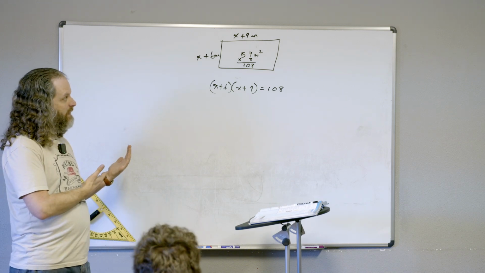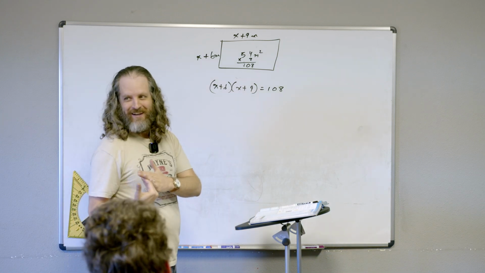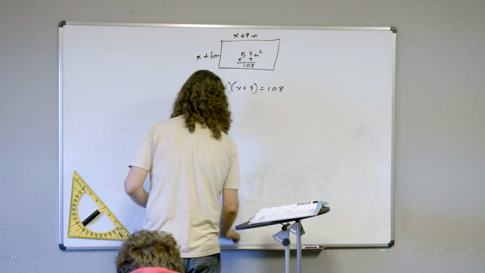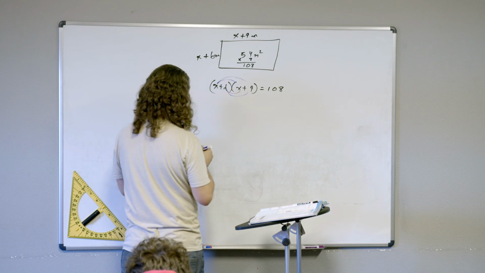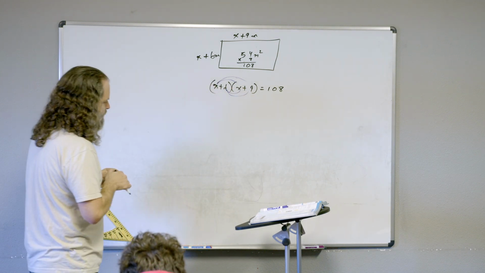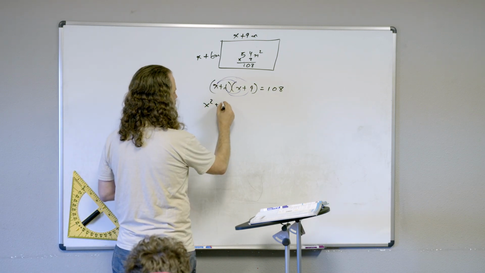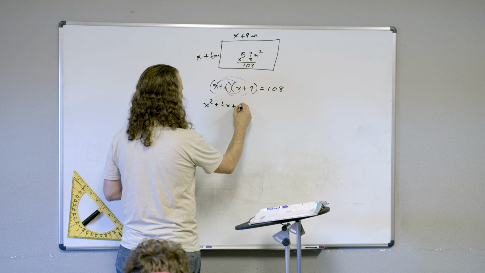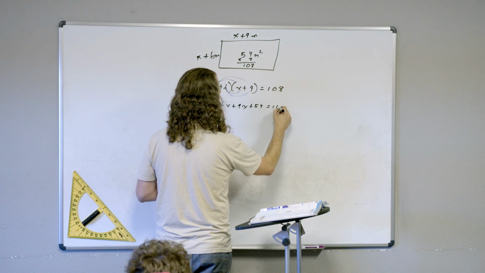But it is factored, but it's not equal to 0, so we've got to break it and then fix it again, right? So we got to FOIL first, and then in a minute we're going to factor after we do some other things, all right? So x times x is x squared, and then plus 6x plus 9x plus 54 equals 108.